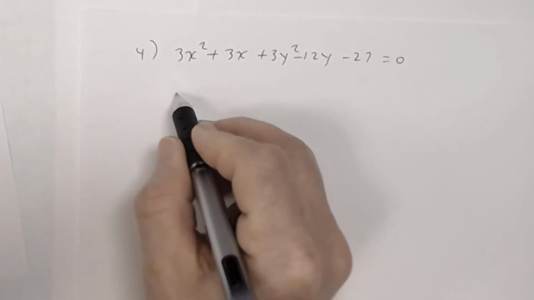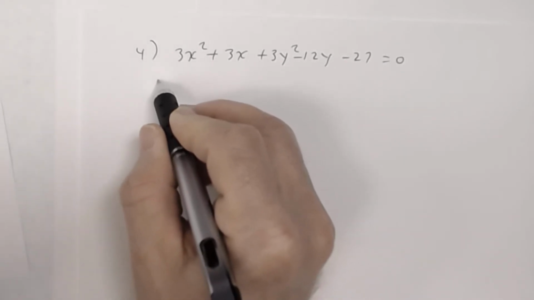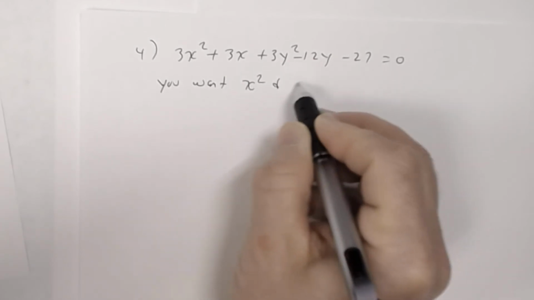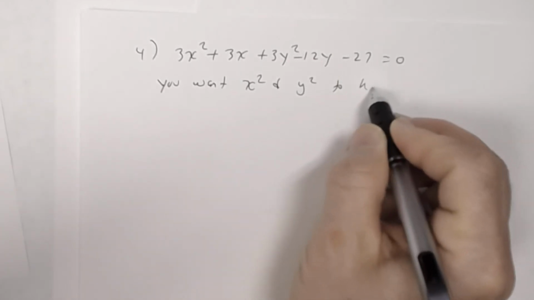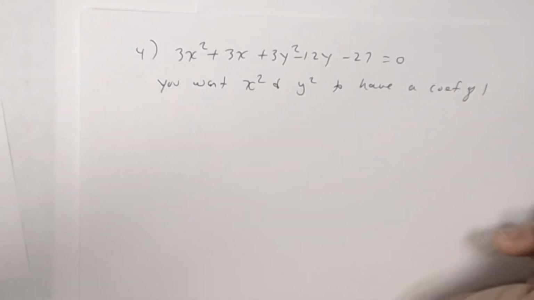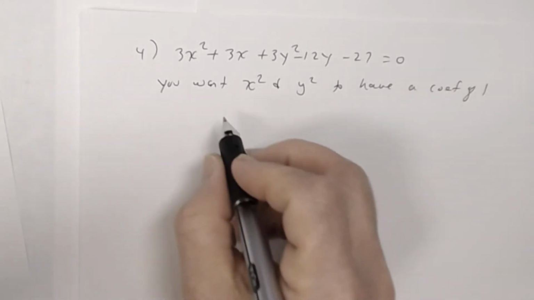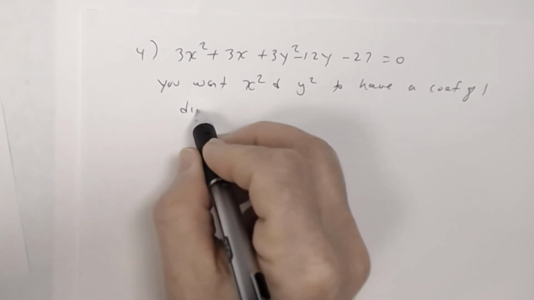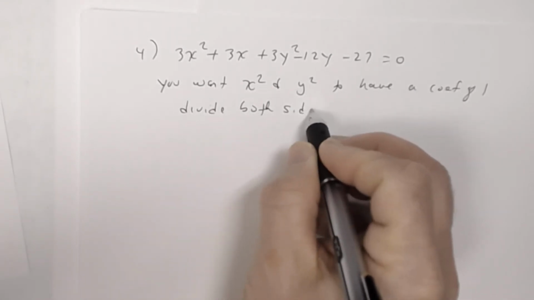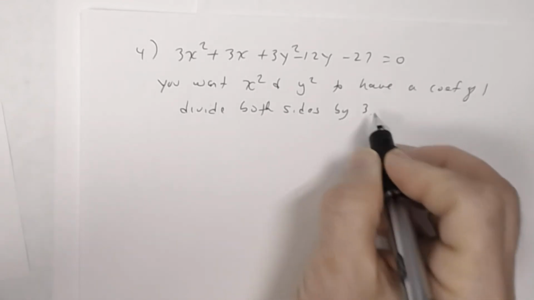So you can divide both sides by 3. So remember, you want x squared and y squared to have a coefficient of 1. Okay? And so divide both sides by 3.